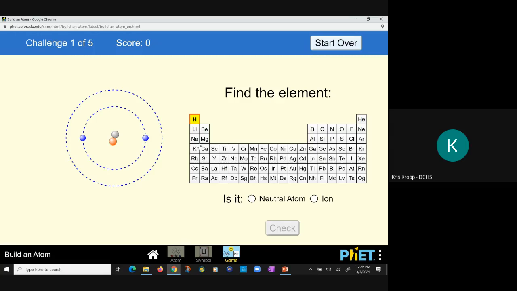Okay, now look at this. When I clicked on hydrogen, notice what popped up down here. It says, is it a neutral atom or is it an ion? Is this going to be a neutral atom or an ion? And you can just put in there atom or ion in the chat box when you answer my question. Is it neutral atom or is it an ion?